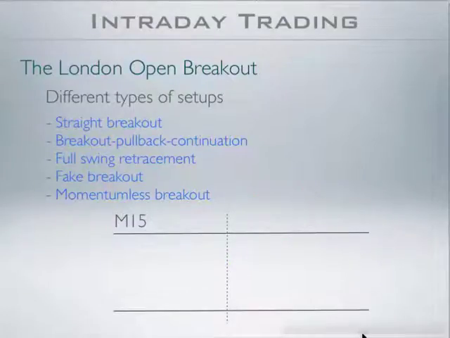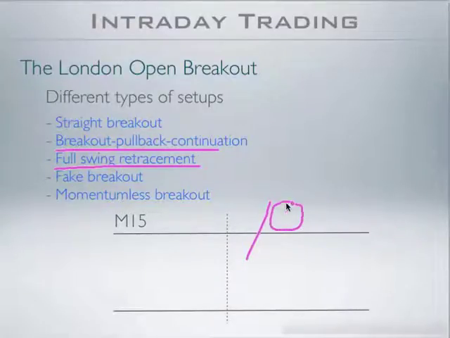That pullback can take two different shapes: a full swing retracement, which is the other type of pattern we are going to be looking at, or, as established, the breakout pullback continuation pattern. Now this pullback may be 2 or 3 bars in a row.